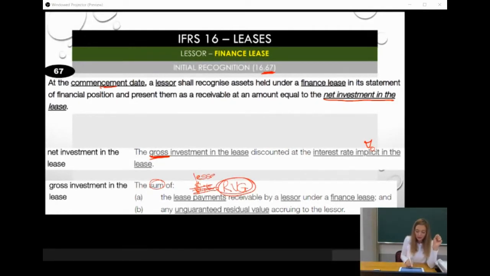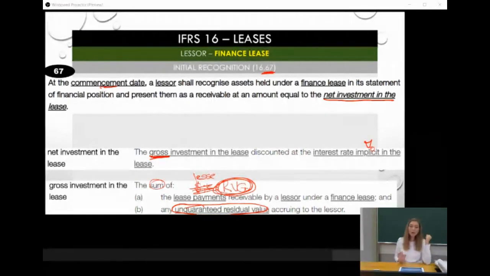The lessee includes the amount payable in terms of the residual value guarantee, whereas the lessor includes the total amount of the residual value guarantee. And then we also add the unguaranteed residual value to that. In other words, the gross investment in the lease is all the cash that I'm going to get over the lease term, as well as the total value that I'm going to get at the end of the lease term, and that I recognize as my gross investment in the lease.